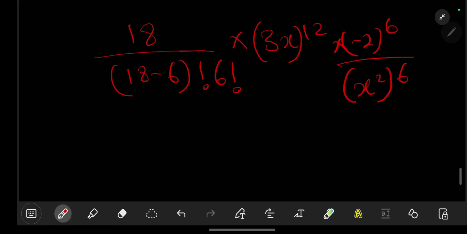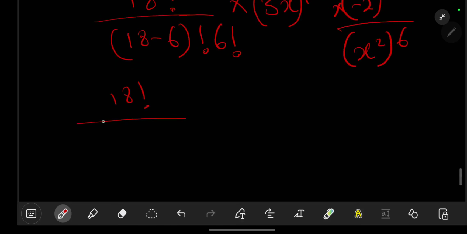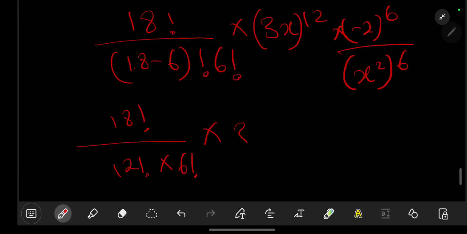So what are we going to end up with? So we have our 18 factorial over our 18 minus 6, that's 12 factorial, times our 6 factorial. Then we have times the 3 to the power of 12. We also have our x to the power of 12, so it can be distributed like that.